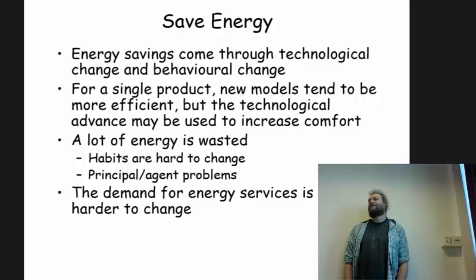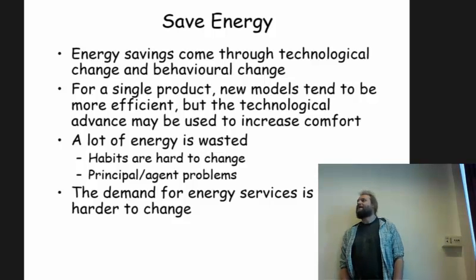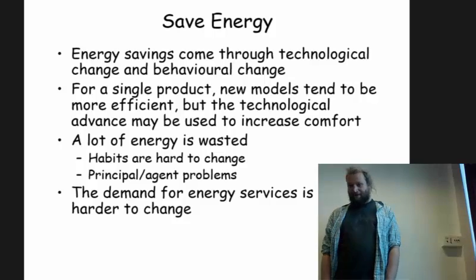Instead of turning up the heat in your house, you should wear an extra sweater. That would also save energy. It's even harder to convince people of these sort of changes. Right? Because now you're really affecting the way we live our lives, the way we use energy.